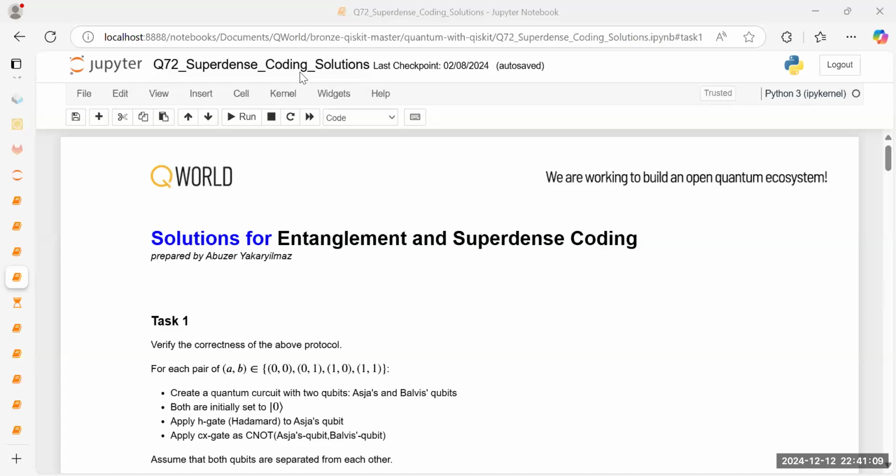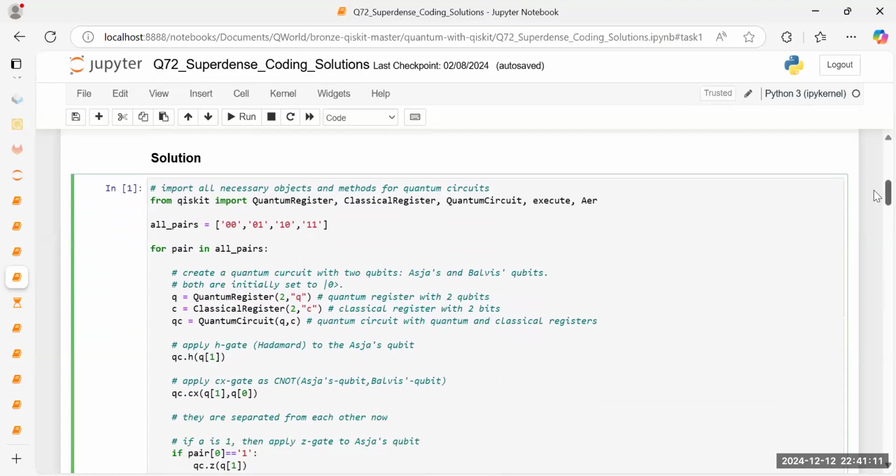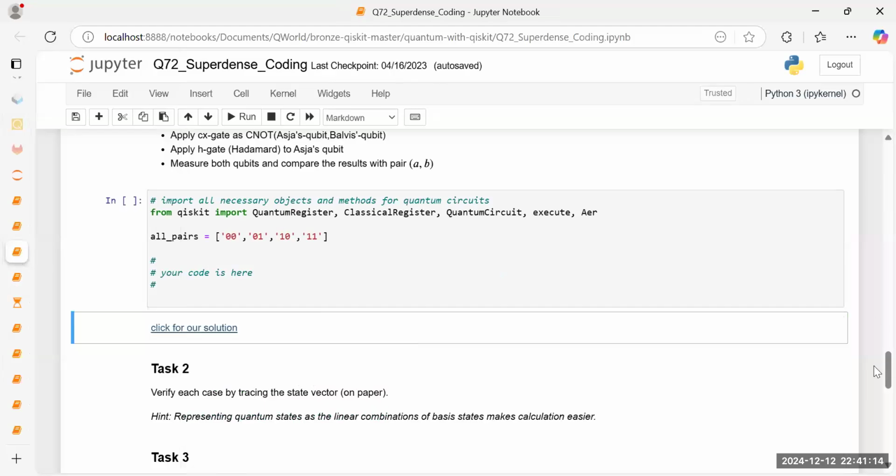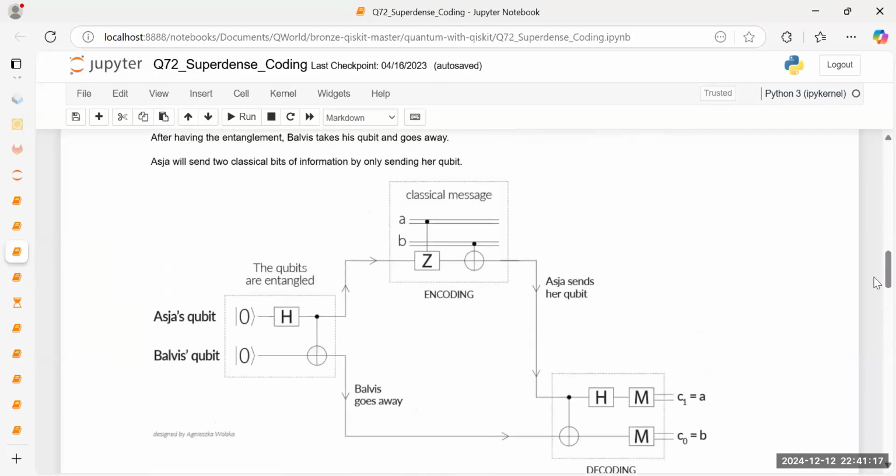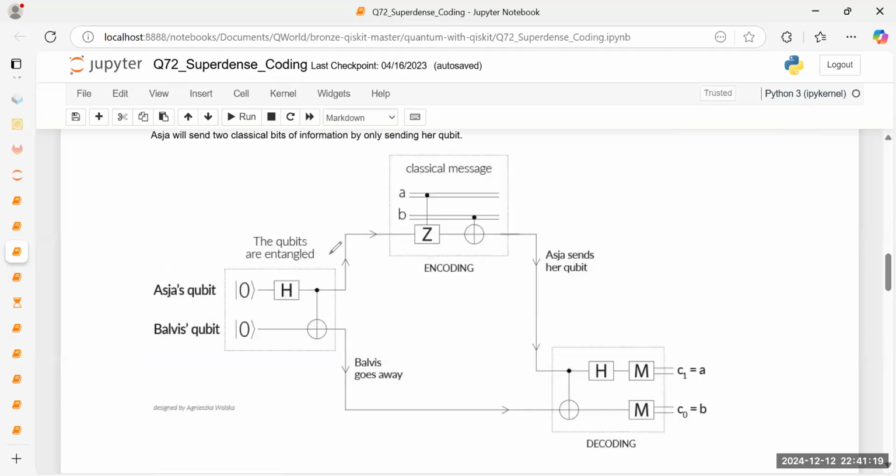Okay, so I have a question for the chat. So we said Azure and Balvis both have the entangled pair at this point, and they go to separate locations. And depending on the information Azure wants to send, she applies a couple of gates. Then Balvis finally decodes the information and retrieves the value she intended on sending.